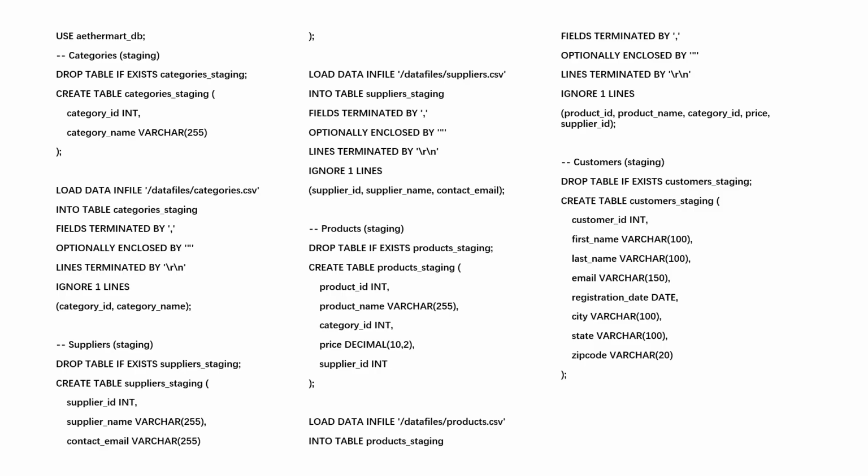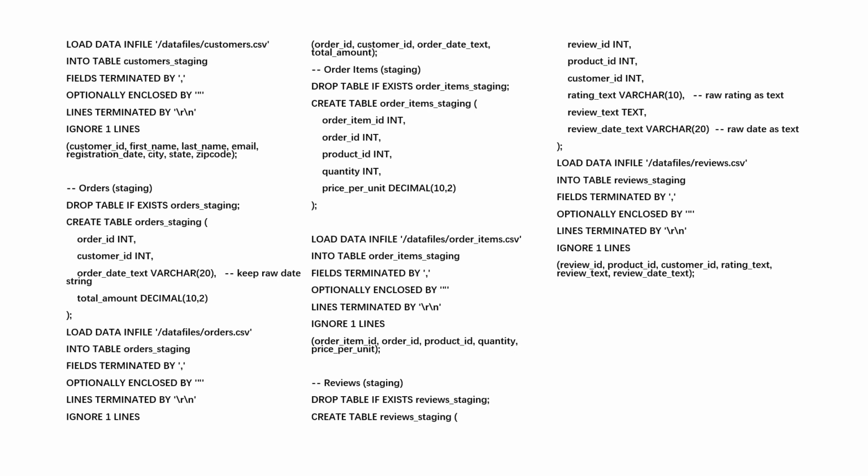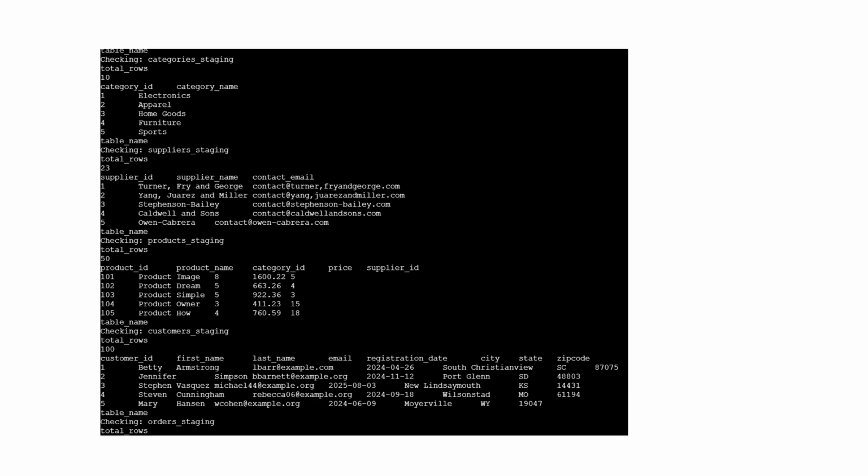The following 2 slides go through the SQL code for initial data ingestion. These screenshots show that all raw data, regardless of format issues, was successfully loaded into staging tables.